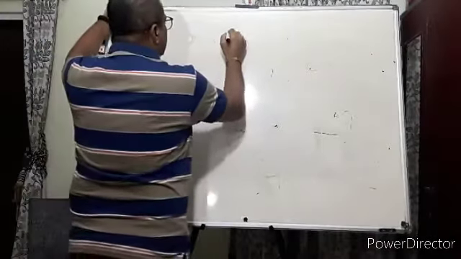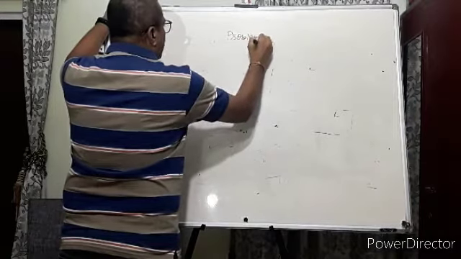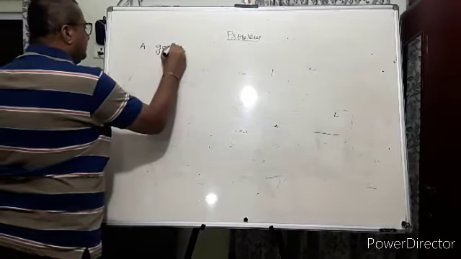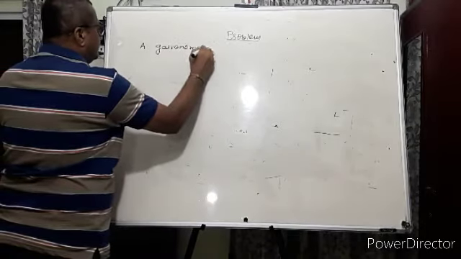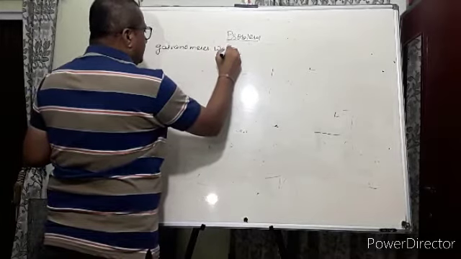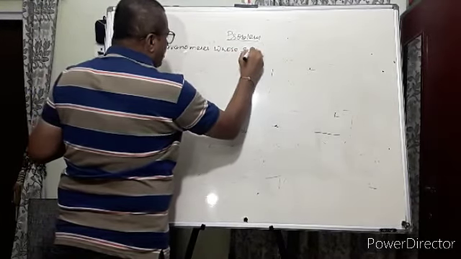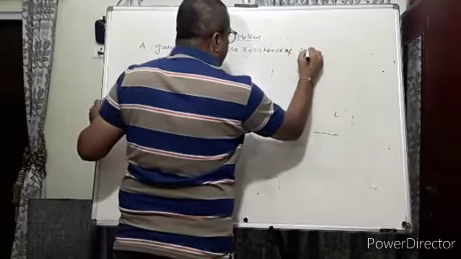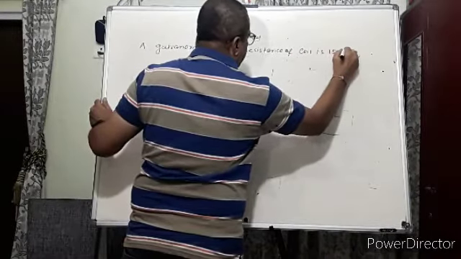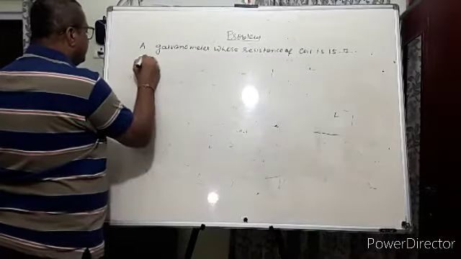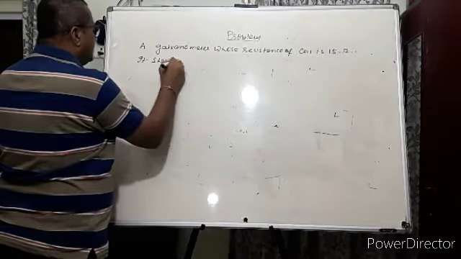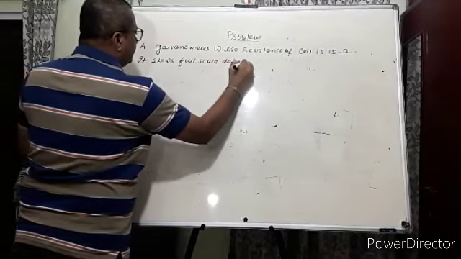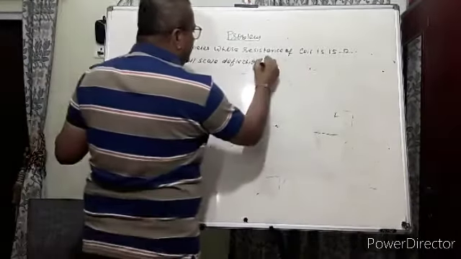Problem: A galvanometer whose coil resistance is 15 ohm shows full scale deflection at 3 milliampere.